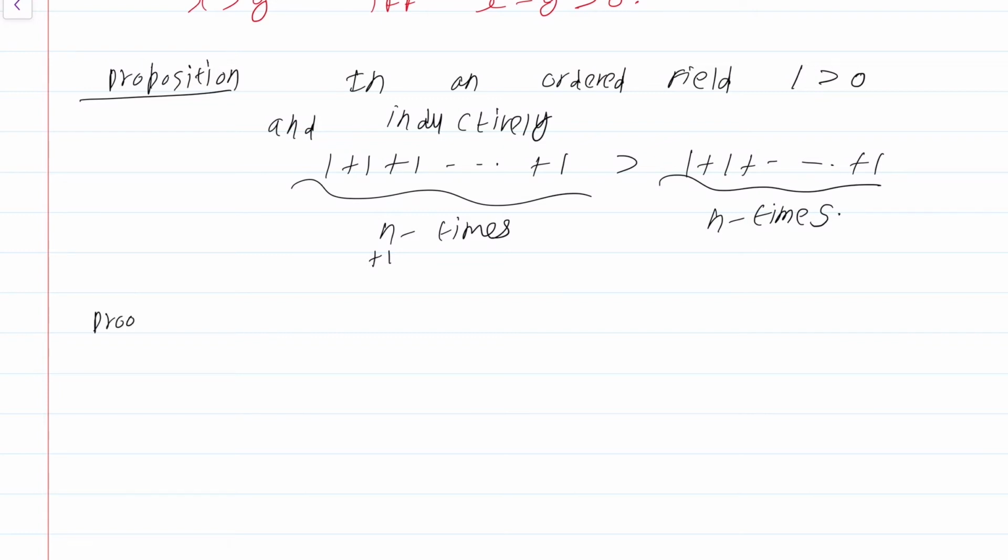Proof. Now 1 is certainly not equal to 0, because that was one of the hypotheses in the field axioms. Okay, and by total ordering, that means either 1 is less than 0 or 1 greater than 0. Okay, suppose 1 is less than 0.